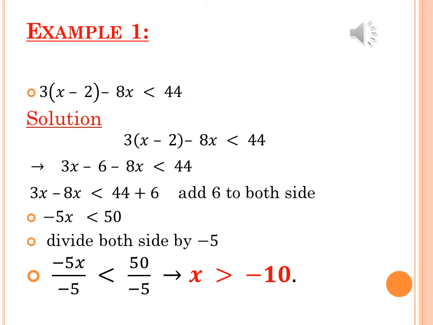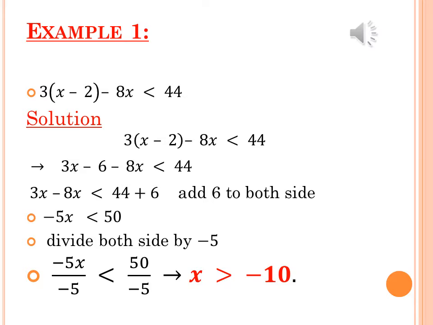To illustrate that by an example. First example: 3 times x minus 2, minus 8x, less than 44. We want to solve it to get x. It's an x inequality, so now we talk about greater than, less than.